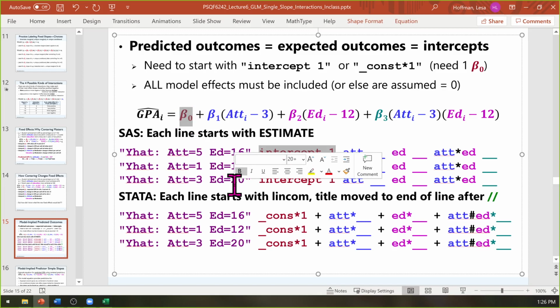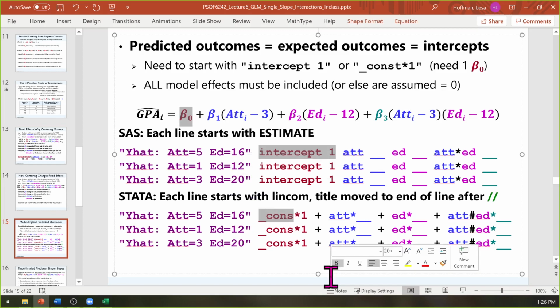The word intercept, or the word constant here in Stata, is a placeholder for what beta 0 is going to be in the solution provided by the model. By the way, solution means the answers. That's a fancier way of saying the answers.